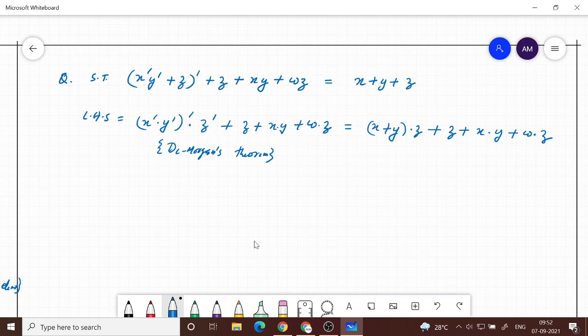Okay, so we applied De Morgan's theorem the second time. Yeah, so here there is a dash that will not go away. So now I can combine these two.